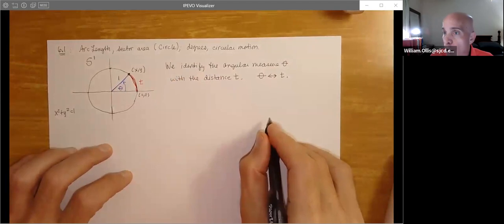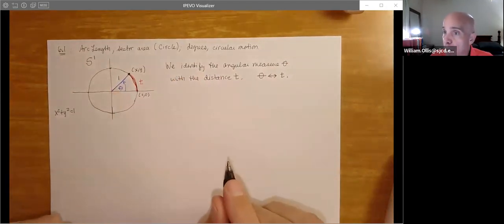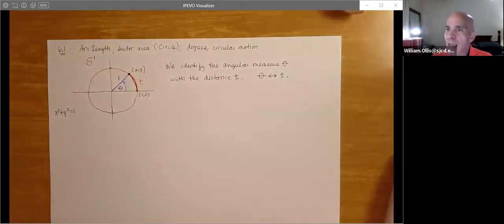So we think of theta being connected or identified with T. If T were pi over 4, we would say theta was pi over 4 based upon the unit circle. So again, there's no difference. And the angular measure is actually quite abstract. When we started with distance along the unit circle, that's easy. You can think, okay, I can walk along here and get a nice distance.